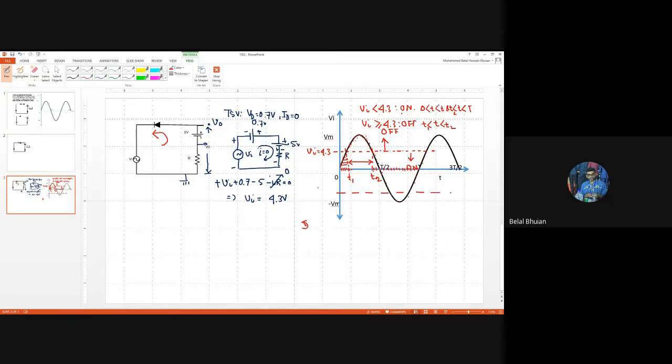Let's say Vi is equal to minus 5.3, for example. We've obtained a transition state voltage which occurred at minus 5.3. It would be the same, since the orientation of the diode is still anti-clockwise direction. In that case, above it will be off, below it will be on.